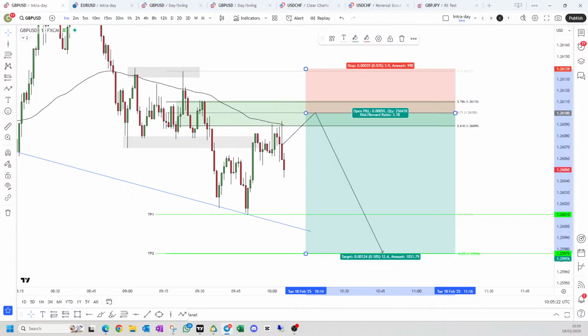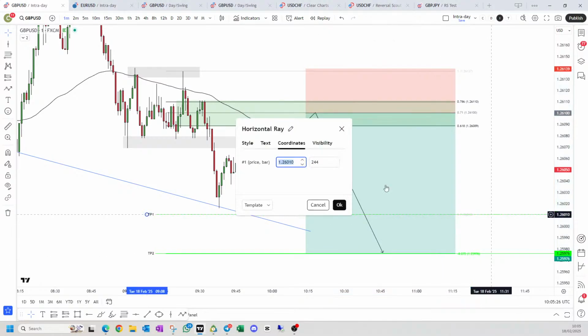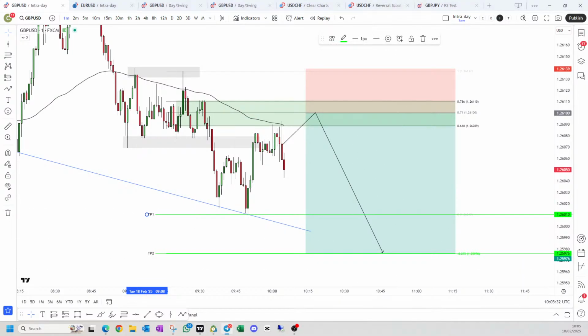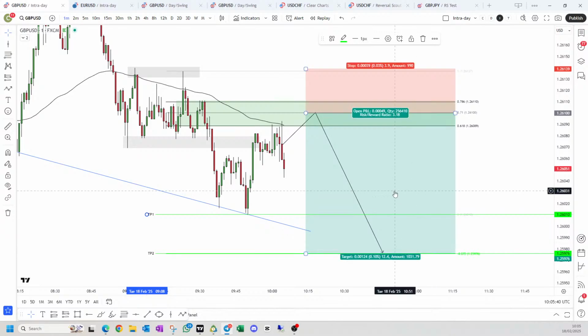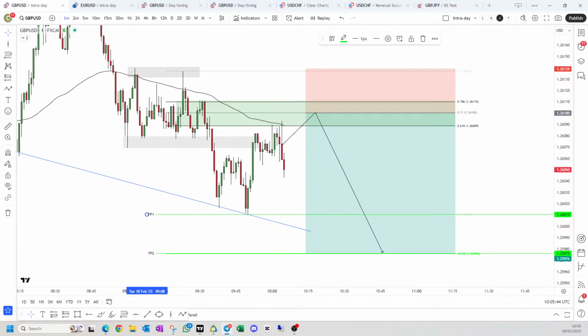Entry, TP2, TP1. And this is a 3.18R trade.